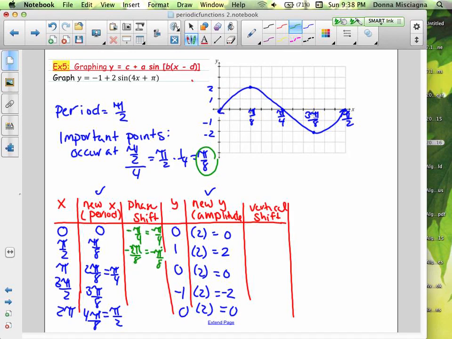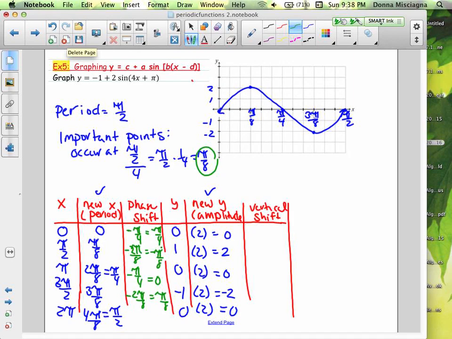And then pi fourths minus pi fourths gives us 0. 3 pi eighths minus 2 pi eighths gives us pi eighths. And of course the next point is going to be 2 pi eighths or pi fourths, right? Because we're counting up by pi fourths.